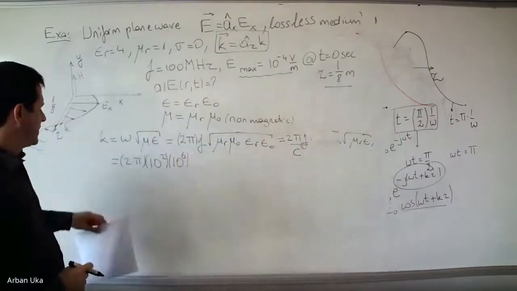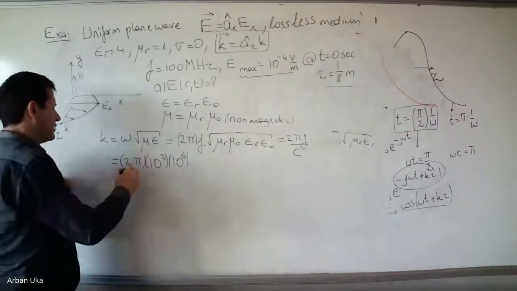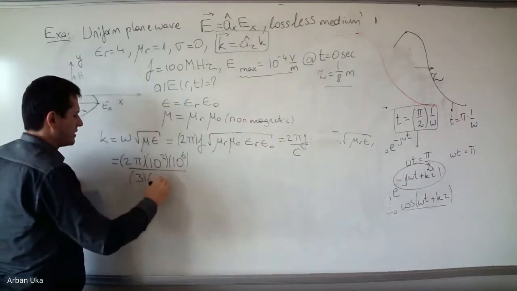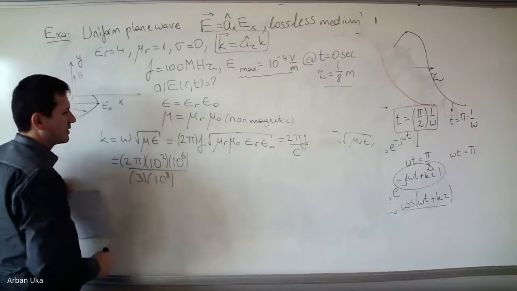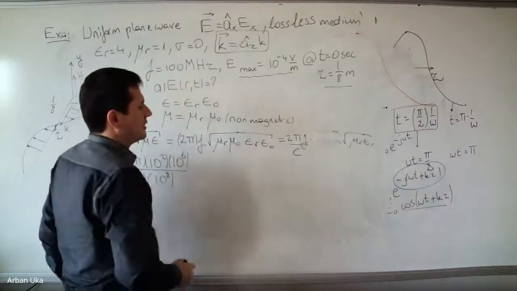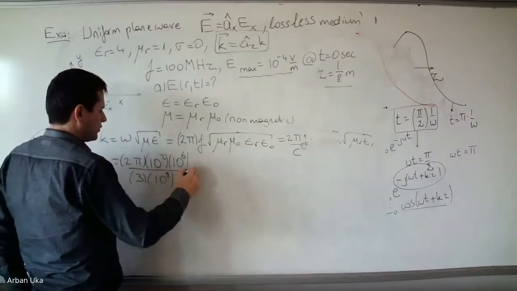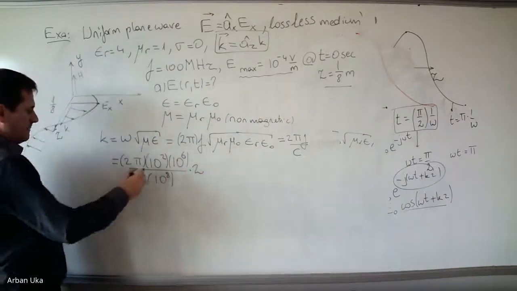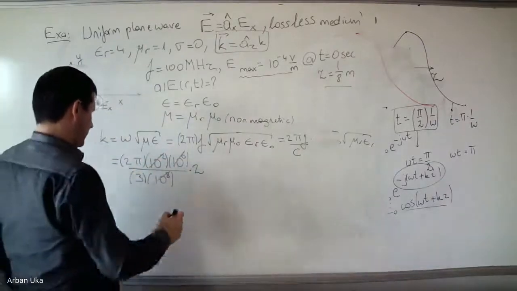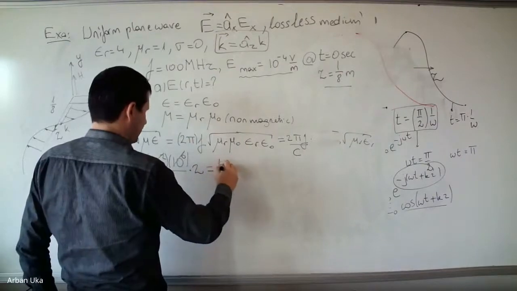Which means that here, 2 pi f divided by 3 times 10 to the power 8, which is the speed of light in vacuum, times the square root of mu r epsilon r. Here we get square root of 4 is equal to 2. So this is what we get, and then these cancel out, and we are left with 4 pi over 3.